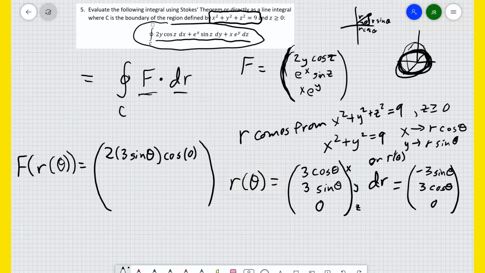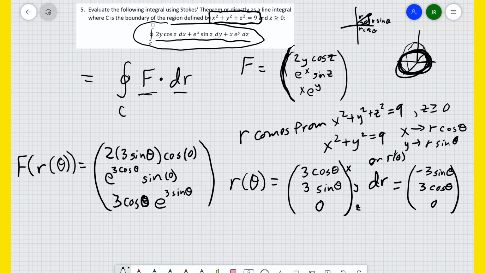That is the x component now of f. The y component will be e to the x, x being 3 cosine theta, and then sine of z, z being 0. And then the z component is going to be x, x being 3 cosine theta, e to the y, that's going to be e to the 3 sine theta.